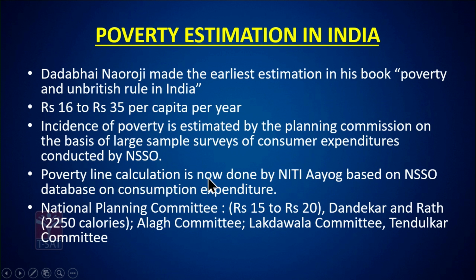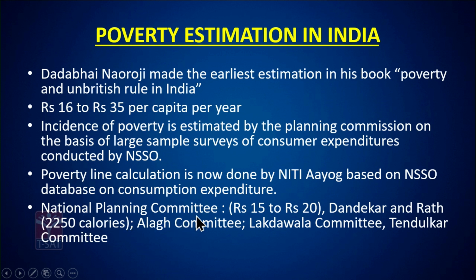Since the Planning Commission has stopped existing and in its place Niti Aayog is established, the calculation of the poverty line is handed over to Niti Aayog, which also utilizes the data collected by NSSO on consumption expenditure for building up the poverty line.